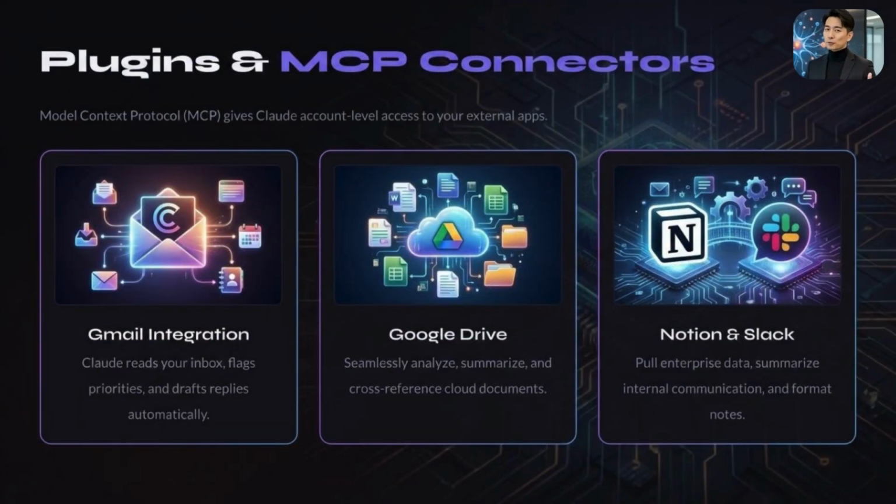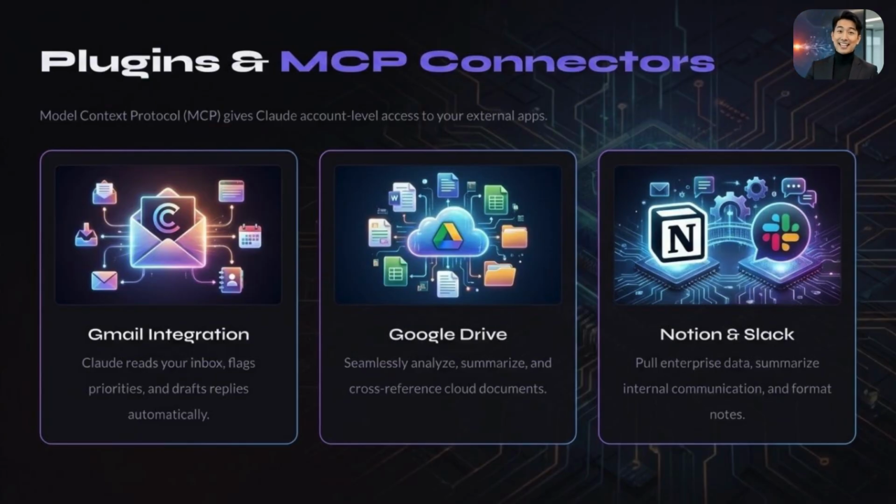Cowork's true power unlocks when you introduce plugins and the Model Context Protocol, or MCP. Think of these as giving Claude its own hands to interact with the software you use every day. By enabling core connectors, Claude gets an account-level window into your apps.